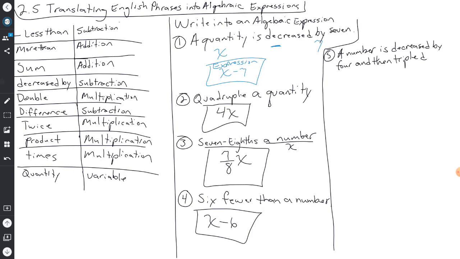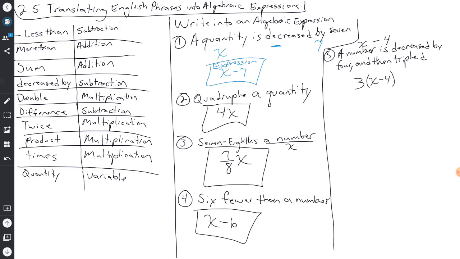Okay, good. A number is decreased by 4, so we can take that part first. A number is decreased by 4. So x minus 4, and then it is tripled. So that means we're going to have to take that x minus 4, put it in parentheses, and then triple it, 3 times.